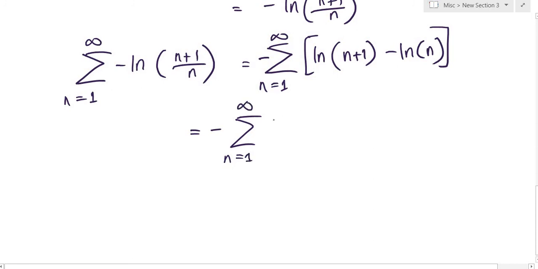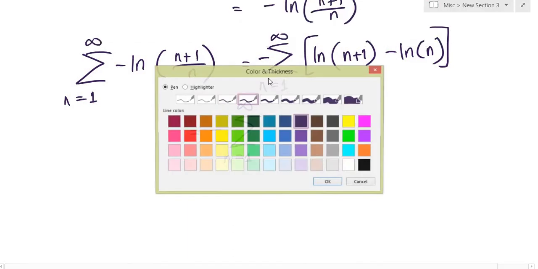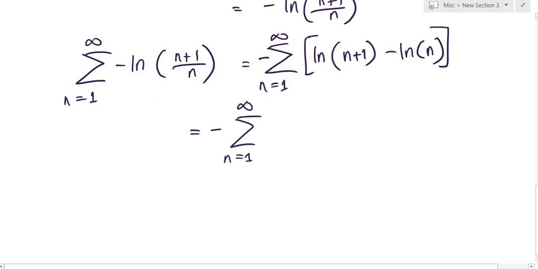So let's just plug in each value of n and see what happens, whether it's telescoping or not, or if we can do something else. So when n is 1, we have the natural log of 2, because 1 plus 1 is 2, minus the natural log of 1.